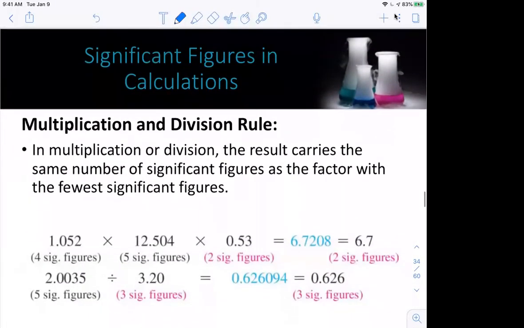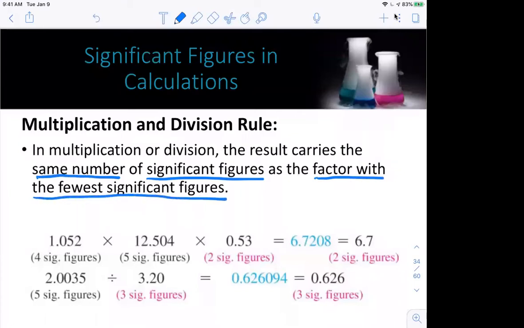So let's look at multiplication and division. The result, the answer, is going to have the same number of significant figures as the factor with the fewest significant figures.